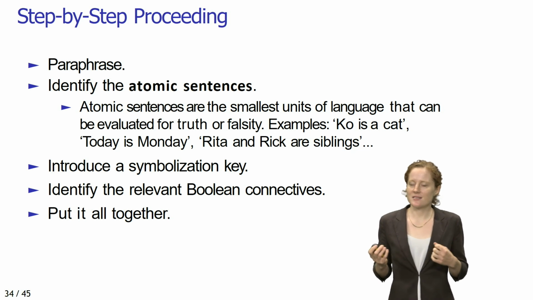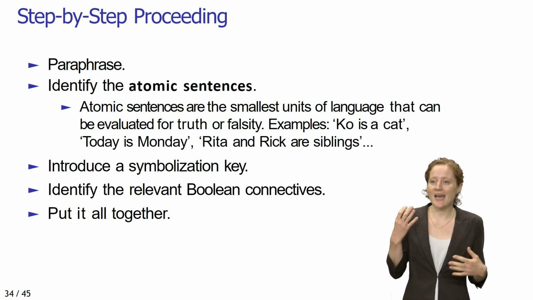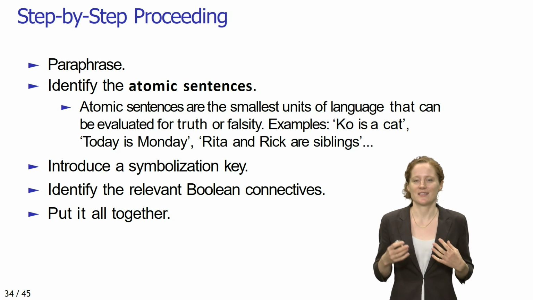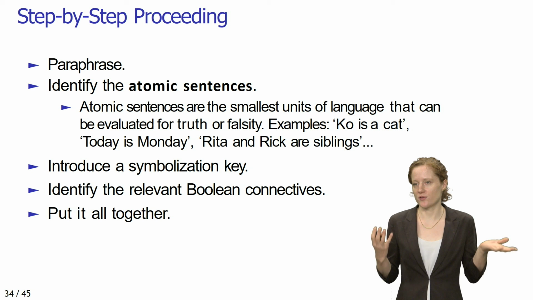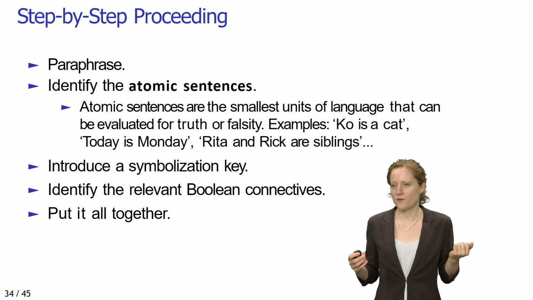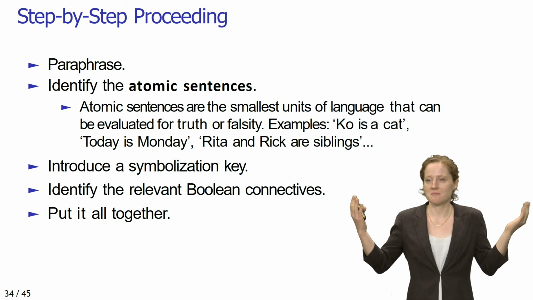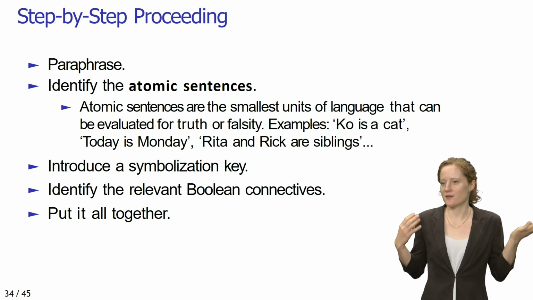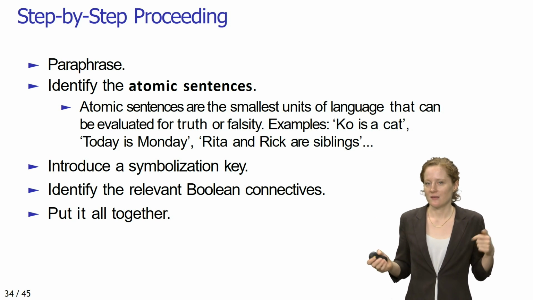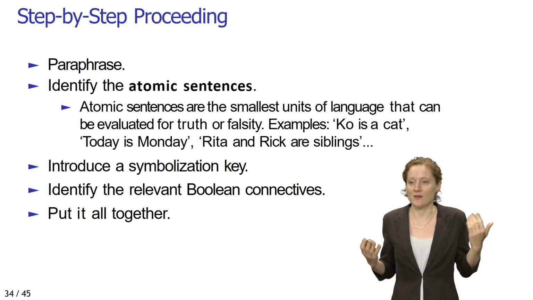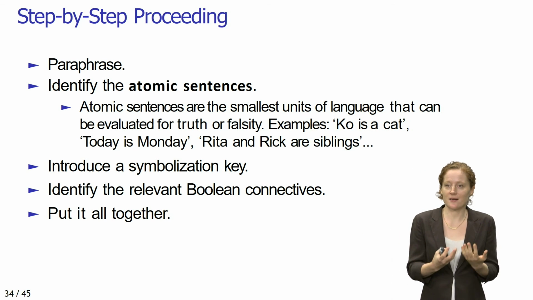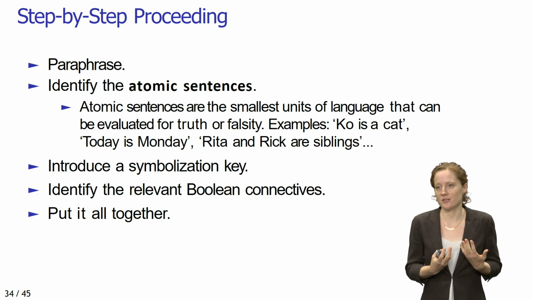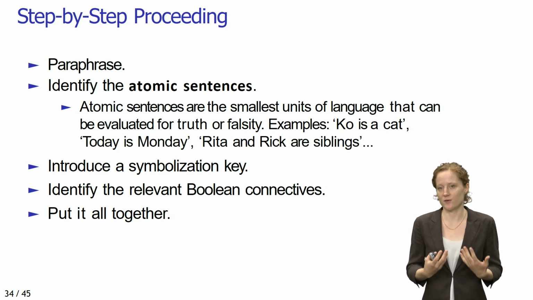In all of these cases, we can't really take anything away from the sentence and still retain something that can be evaluated for truth or falsity. So for example, "Co is" can't be evaluated for truth or falsity. The word "today" can't be evaluated for truth or falsity. So atomic sentences are the smallest units of language that can be evaluated for truth or falsity.